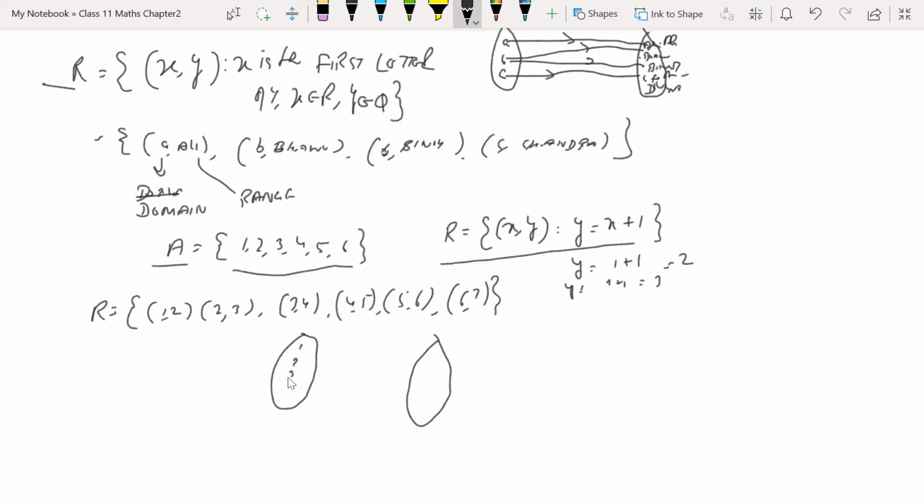1, 2, 3, 4, 5, 6 and 1, 2, 3, 4, 5, 6. Only up to 6, hence we will not include 6 to 7.